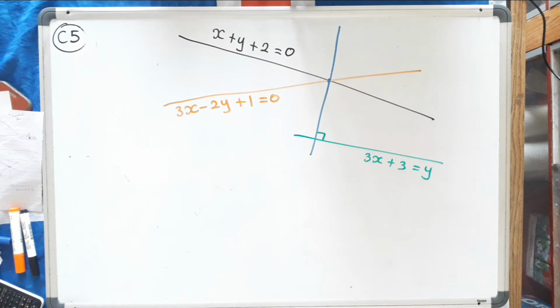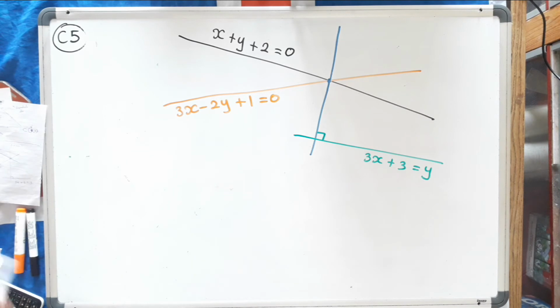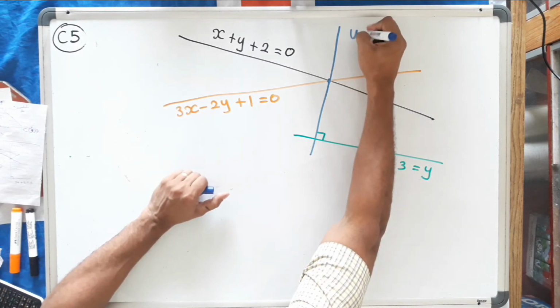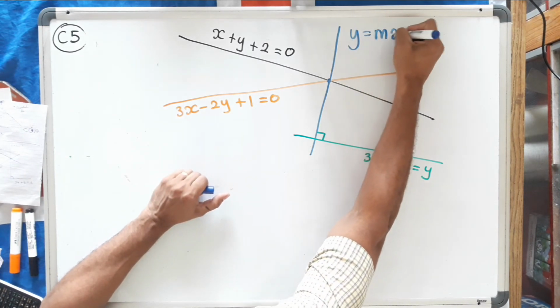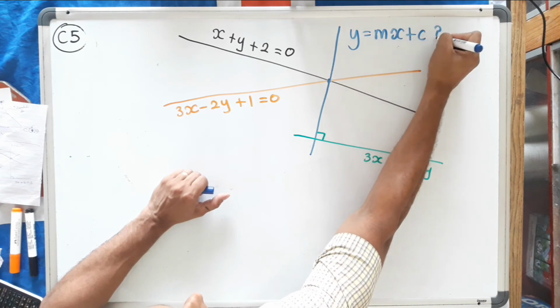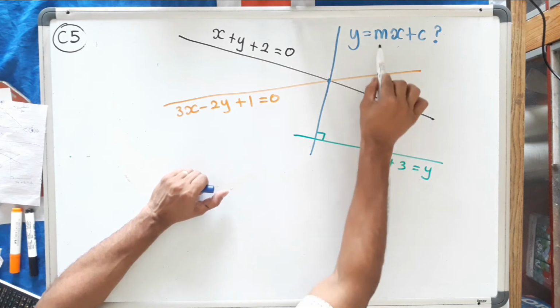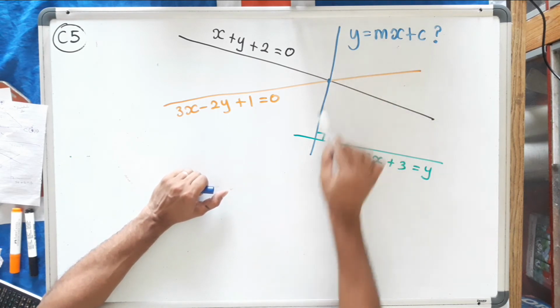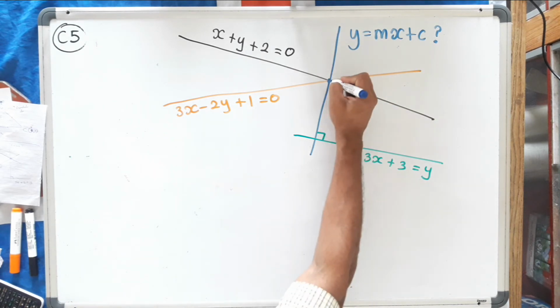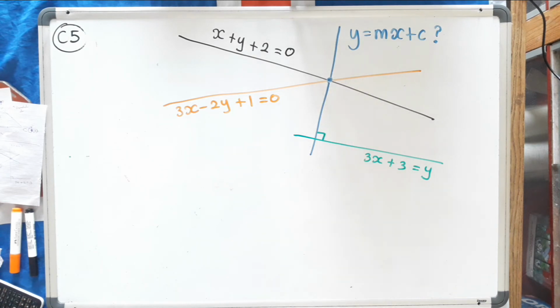Alright. You know what they want you to do? They want you to find the equation of the blue line. So the aim of the question for the blue line, we have to find m and we also have to find c. This is going to be a long day.